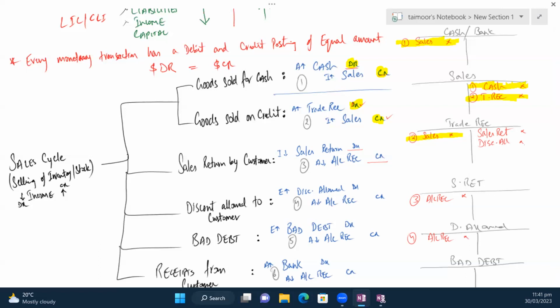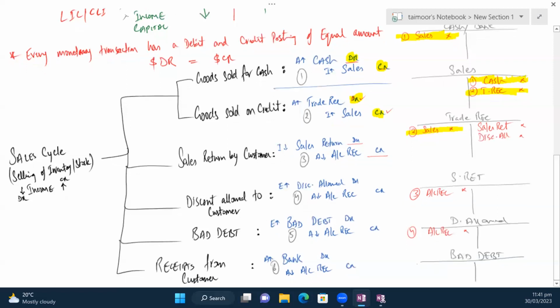All right. उसके बाद bad debts. Bad debts debit, account receivable credit. Okay. So bad debts account debit because of account receivable, and account receivable credit because of bad debts. ठीक है जी?